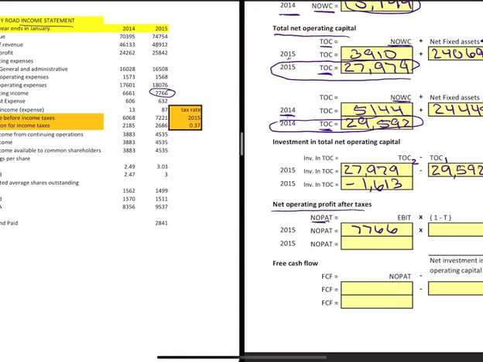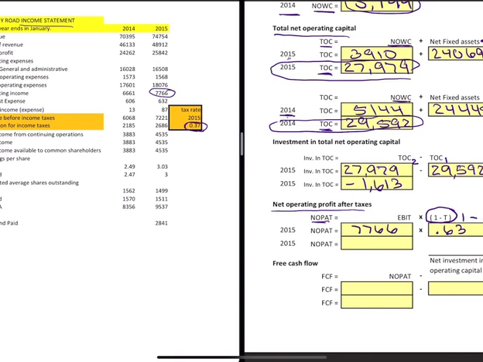Okay, and then we're going to multiply that by 1 minus our tax rate. And our tax rate is on our income statement, and it is 0.37, or 37%. So if we take 1 minus 0.37, we end up with 0.63.